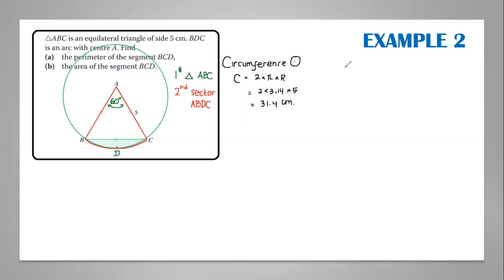The second step is to find the area of circle. The area of circle is pi times r squared. 3.14 times 5 squared.